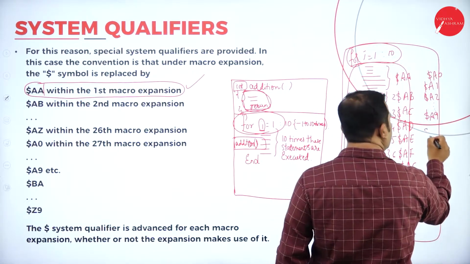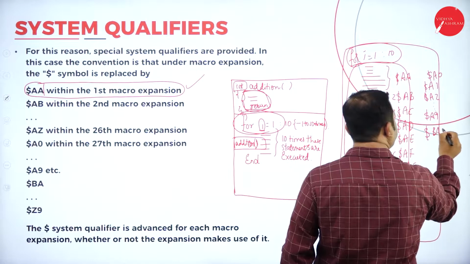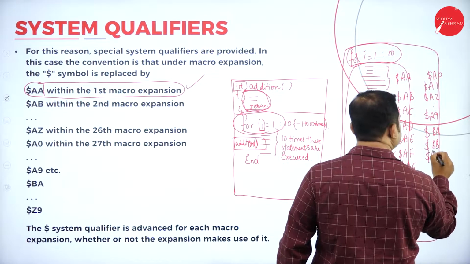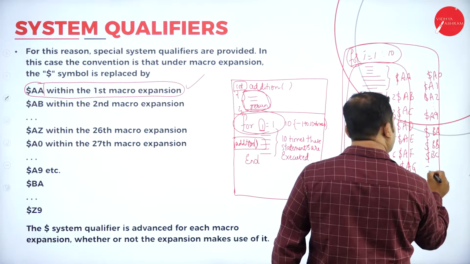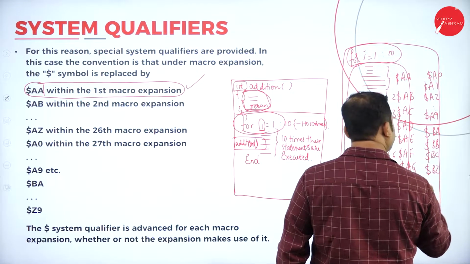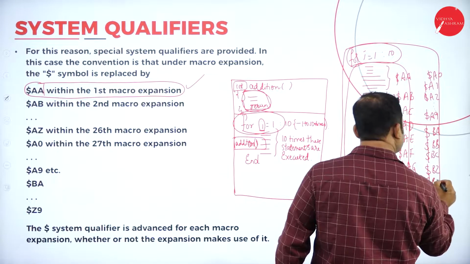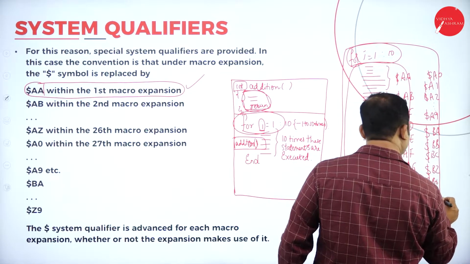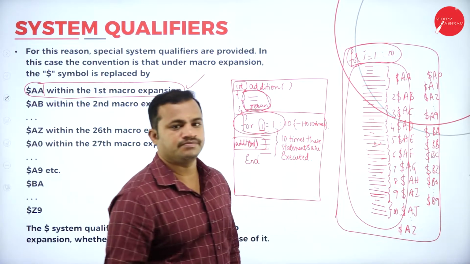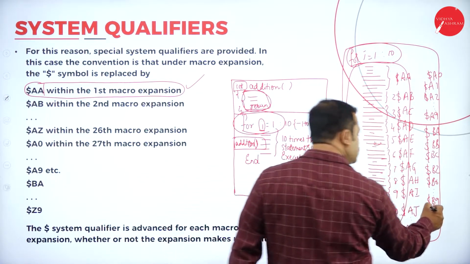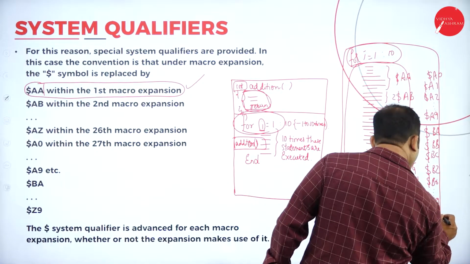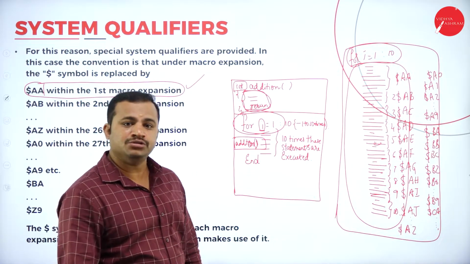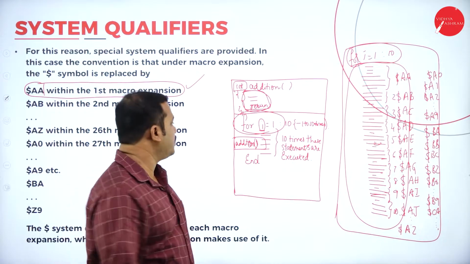Then the labels begin with $BA, $BB, $BC, so until $BZ, next $B0, so until $B9. So this process continues. Then we have $CA, and so on like that. This process is used for the expanded version.